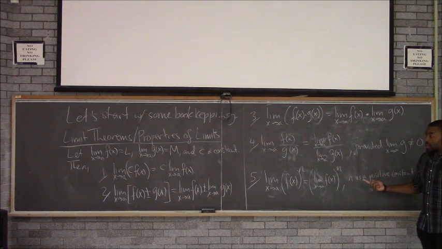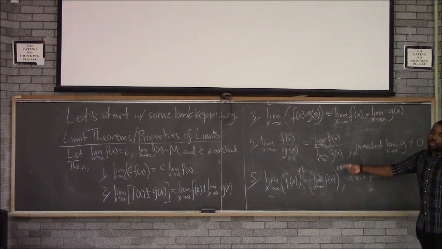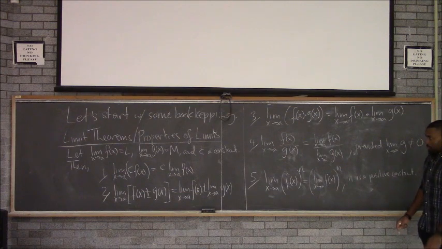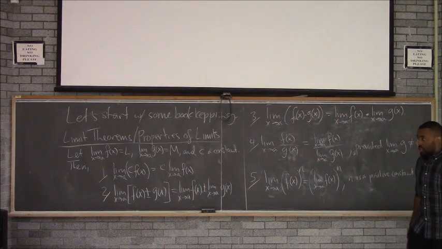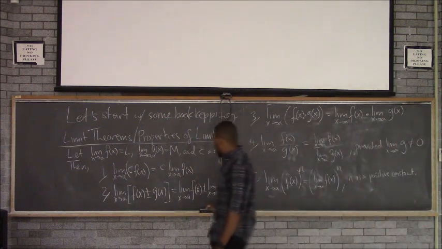It also works for negatives, but once it's negative, then you have to worry about division by 0. So just be aware that if you're applying this to a negative power, it can work. Just be sure to check that you're not dividing by 0 when you're doing it.